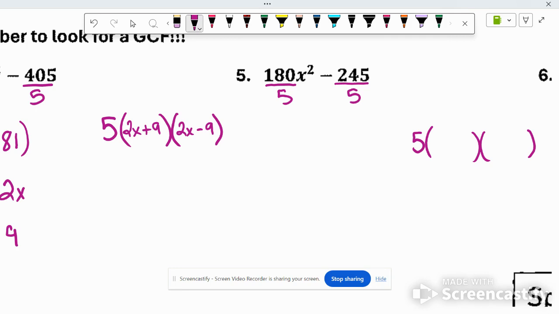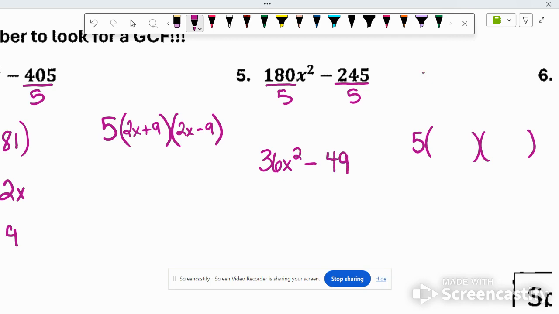That's just something to look for. What is 180 divided by 5? 36. So I have 36x squared minus 245 divided by 5, which is 49. Perfect.